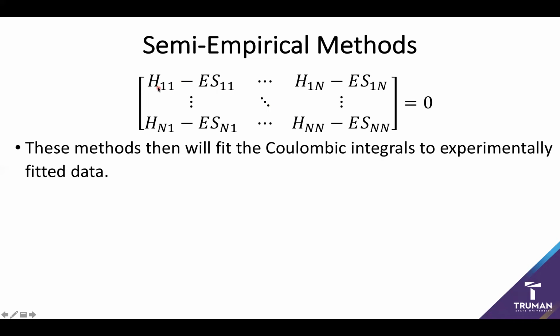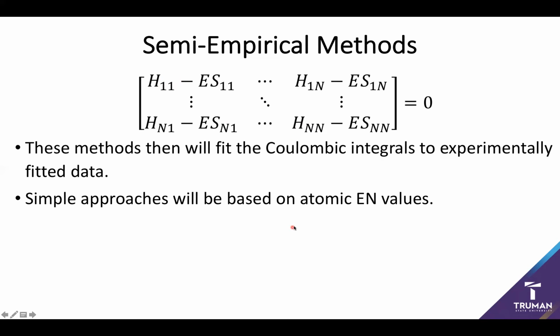So these are the matrix elements along the diagonal. And so in most cases, we tend to fit these to experimental data. So the experimental data that we chose to use previously is going to be the electronegativity values.